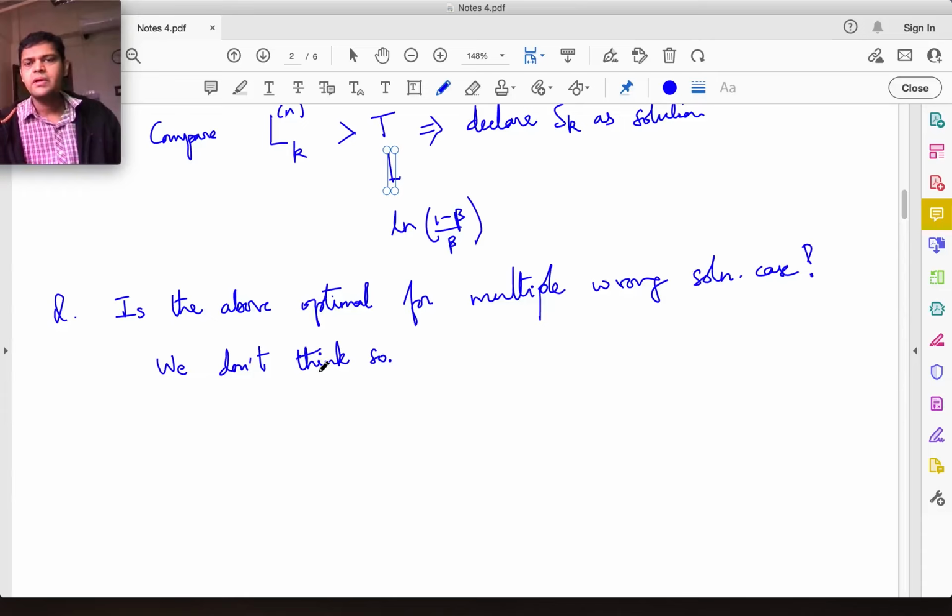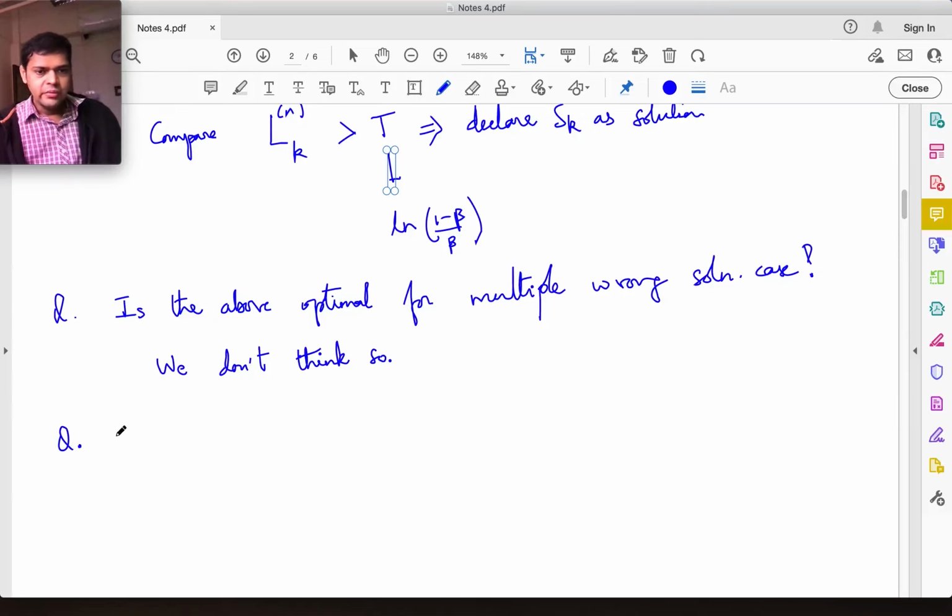So one reason is that we are clubbing all of these together. Maybe that's not the best thing to do. Given the fact that the attacker is submitting multiple other solutions, maybe we could exploit those to do something else, right? But anyway, this boils down to what we had earlier, and the solution for the two cases was optimal, we said, where there was only one wrong solution. For this one we are not sure, but it boils down to that case in case we just have two solutions. Okay.